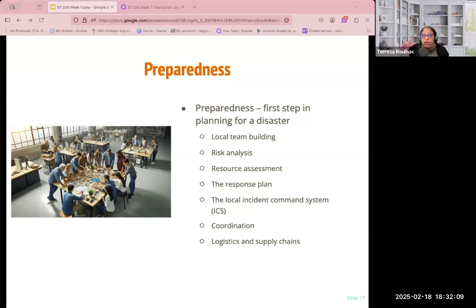This is where roles are identified, responsibilities are written out, and where you can find your actual communication lines. Again, we go back to coordination. All the teams, local hospitals, emergency medical services, law enforcement, community organizations, everyone has to work together.